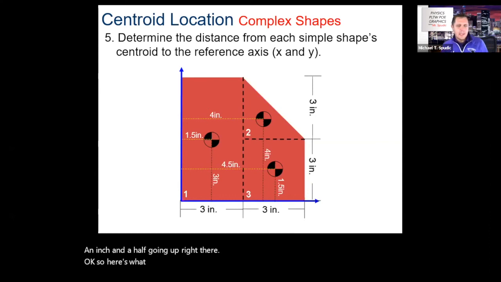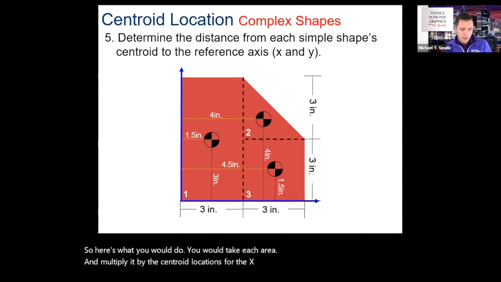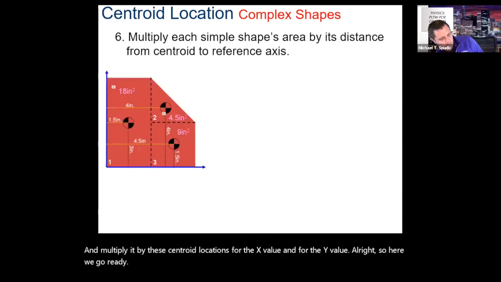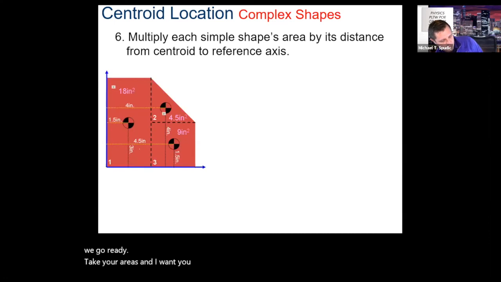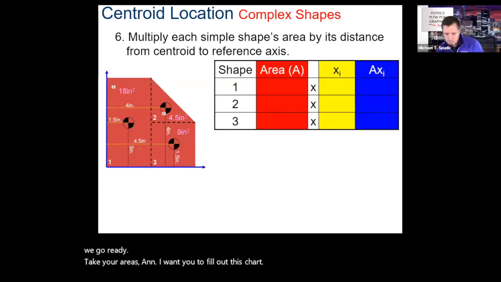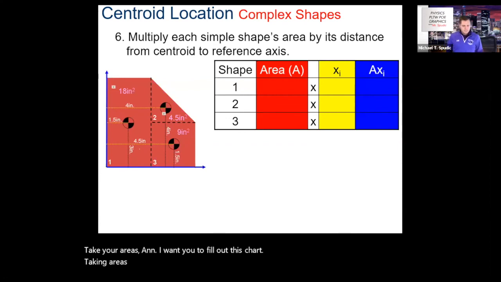You would take each area and multiply it by these centroid locations for the X value and for the Y value. All right, so here we go. Ready? Take the areas you calculated in your notes and fill out this chart for what we got.